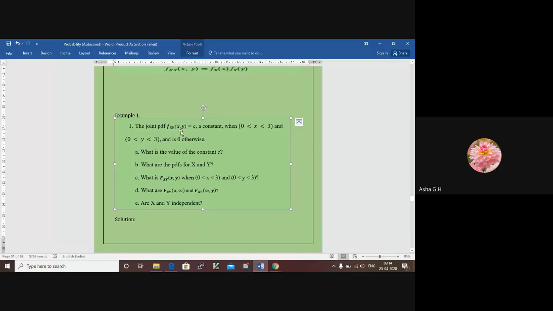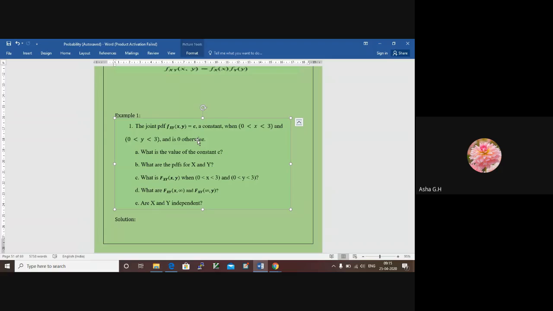Fxy of x comma y is equal to, say, 3xy. Let us take this function as 3xy. Instead of a constant, we have a function 3 into xy. Can you just repeat it for all these and try to get the answer? Instead of c, I have some function of x and y.